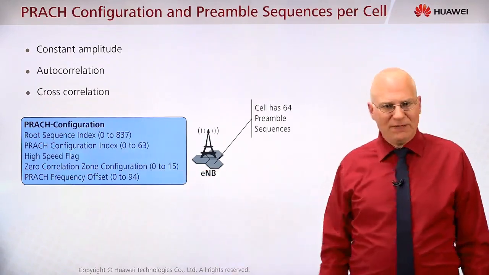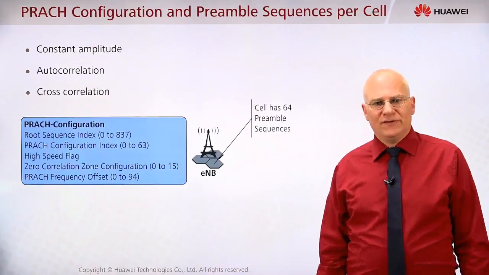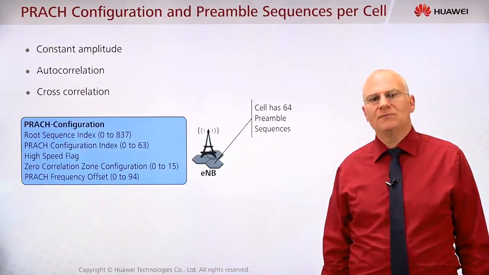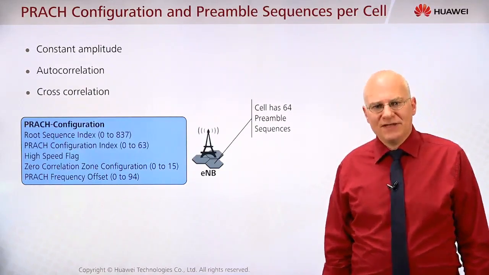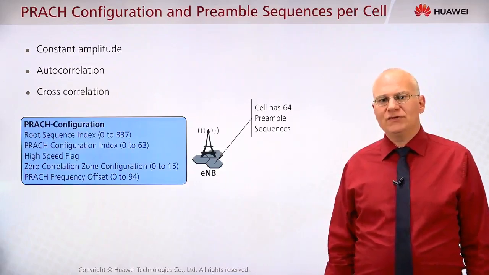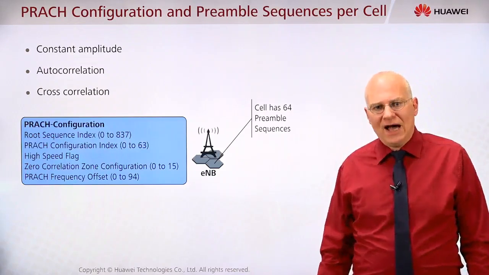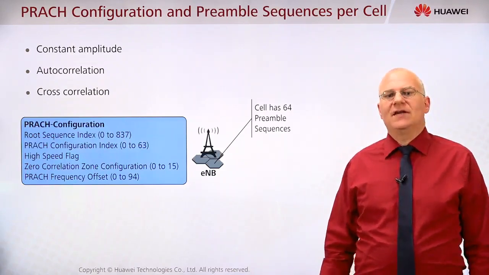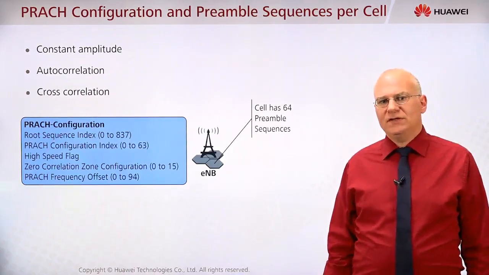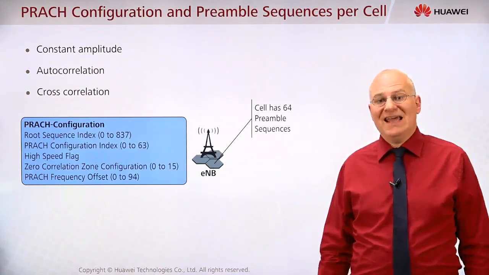Then we have the high-speed flag. From the root sequence index, we generate the 64 preambles, but this can only be done for small cell radius and for low mobility. In case of larger cell radius and higher mobility, one root sequence index cannot produce 64 preambles, but fewer.